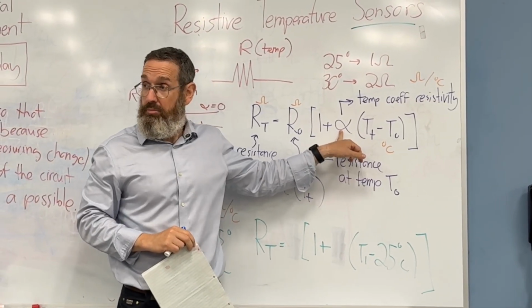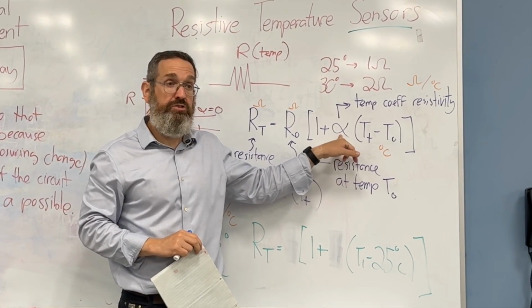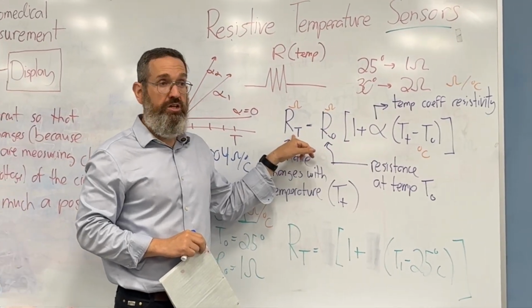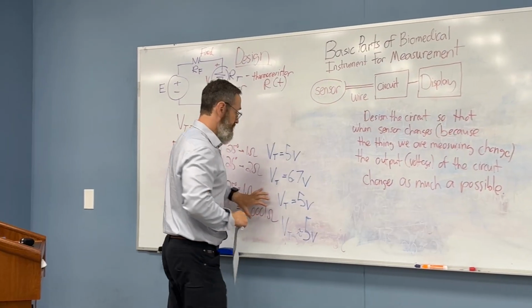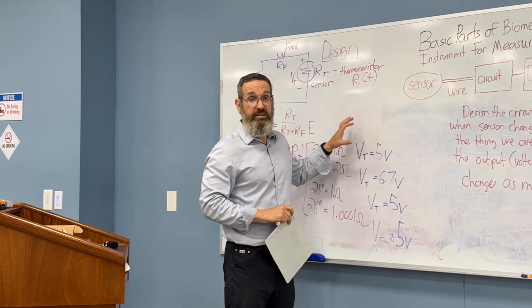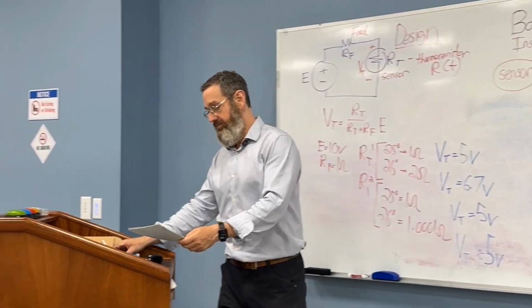And you can see the problem. If this value is rather small, you're going to see very small changes in resistance, and we're going to be more in this regime than in this regime. All right.